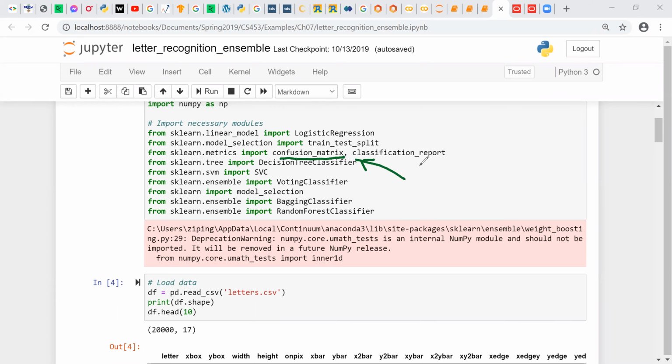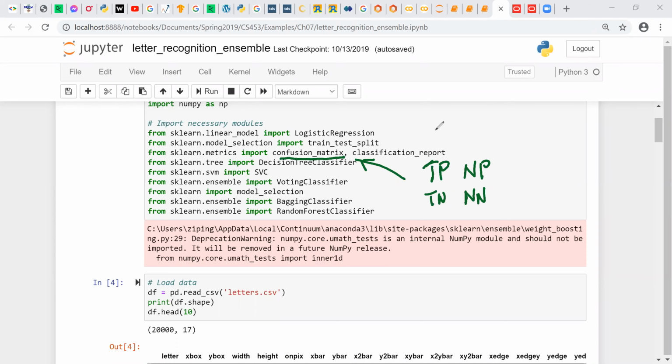And what's the overall purpose? We can calculate recall and precision. Very good. The confusion matrix has true positive, false positive, false negative, and true negative. So that's regarding the confusion matrix.